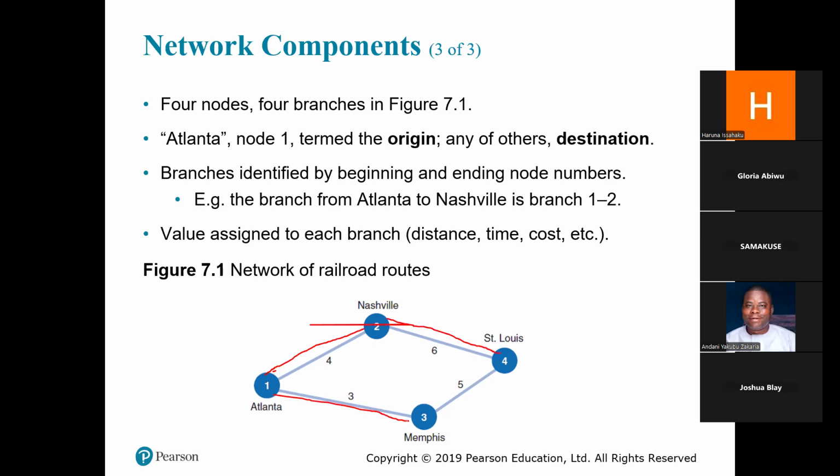So through a branch, several things can happen. The distance between nodes represented by the branch can be time. It can be cost.